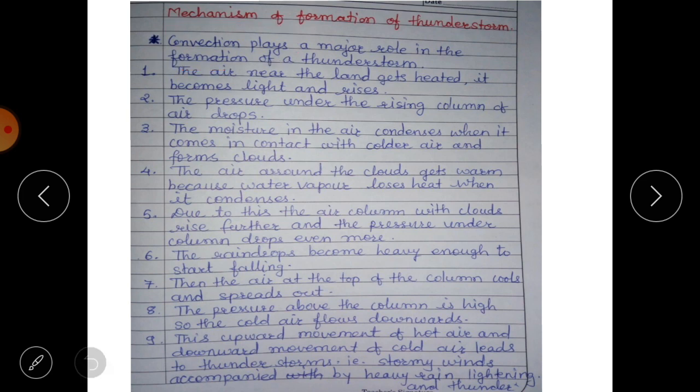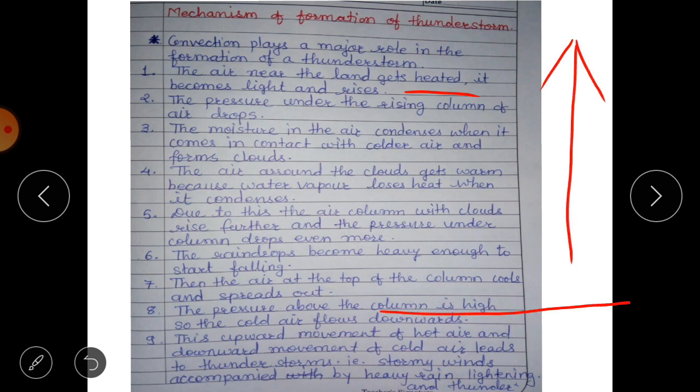The first step: what happens when there is a thunderstorm, how does it develop? See the first point, the air near the land gets heated. It becomes light and rises, that we know. Then next, the pressure under the rising column of air drops.